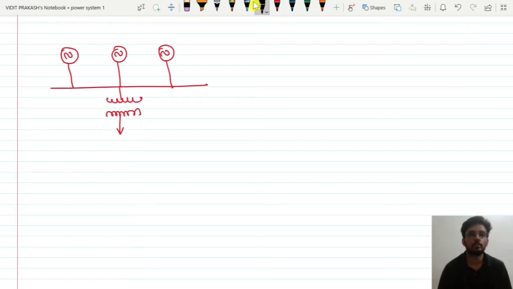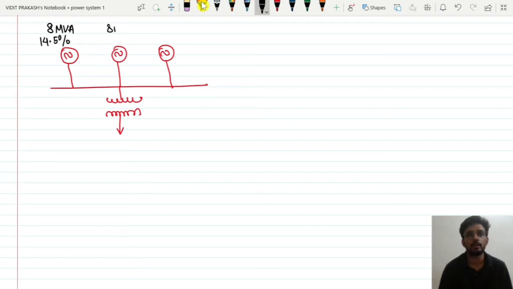Now the ratings of this generator and transformer are given. Suppose this is 8 MVA with 14.5% reactance. We'll write clearly, this is 8 MVA with 14.5% reactance.